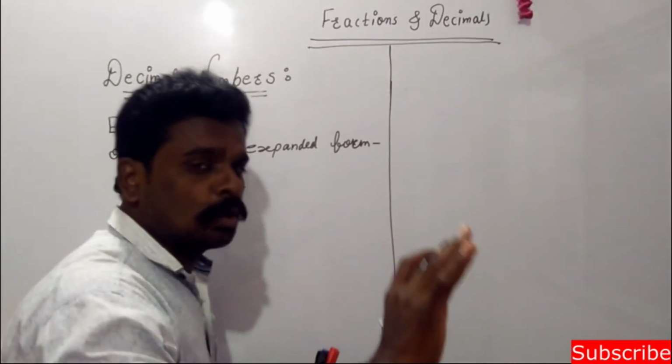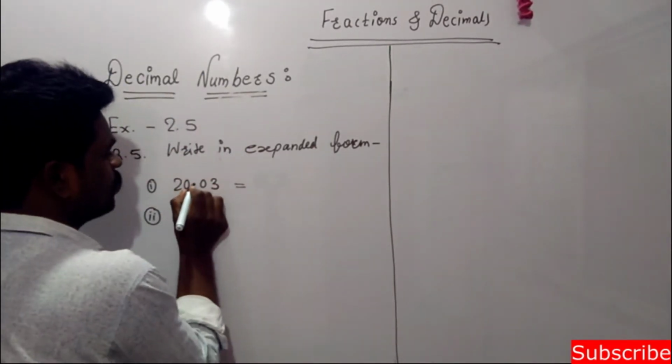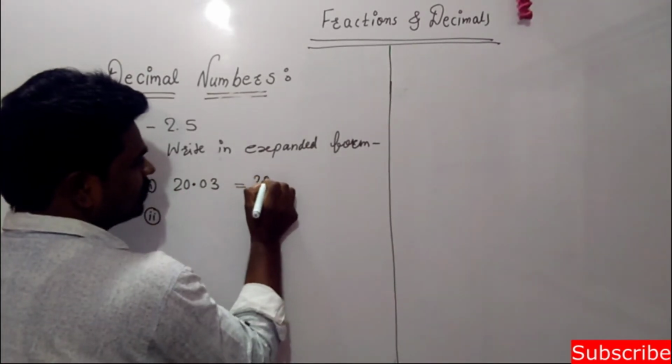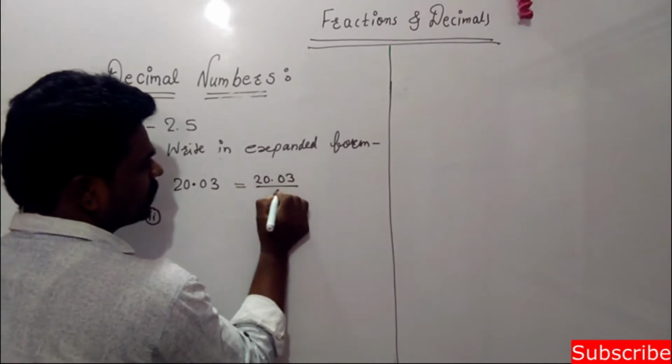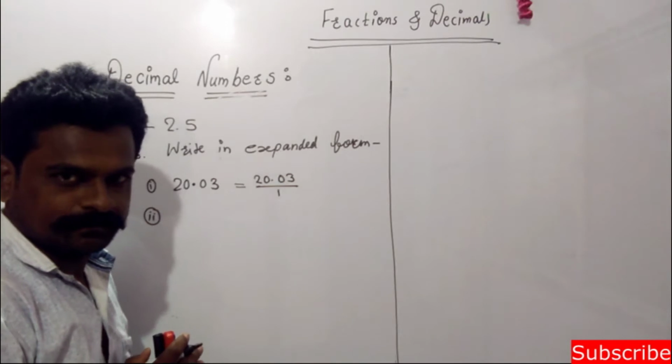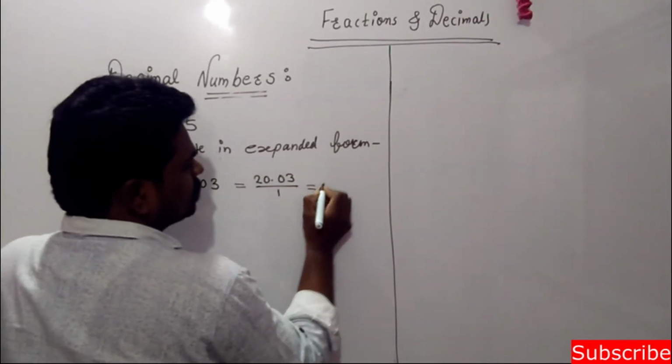We need to remove this decimal point. How can we remove this decimal point? First of all I write it this way: 20.03 divided by 1. Can I write in this way or not? Yes, I can.